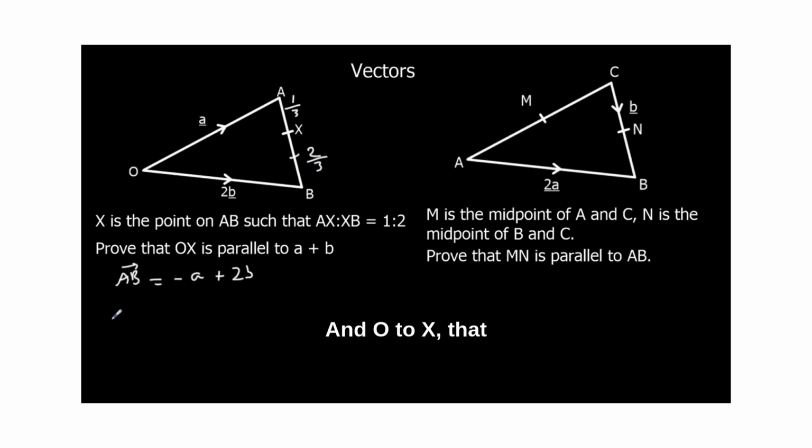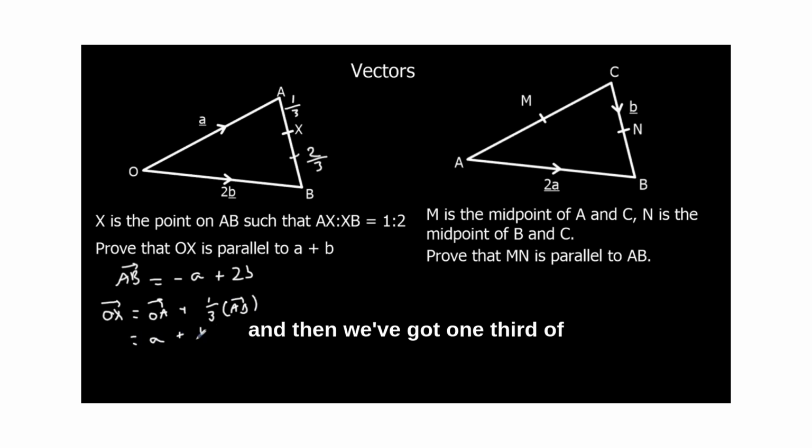And O to X will be O to A, and then 1/3 of A to B. So O to A is an A, and then we've got 1/3 of minus A plus 2B.